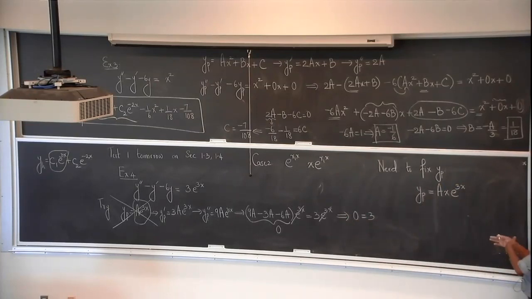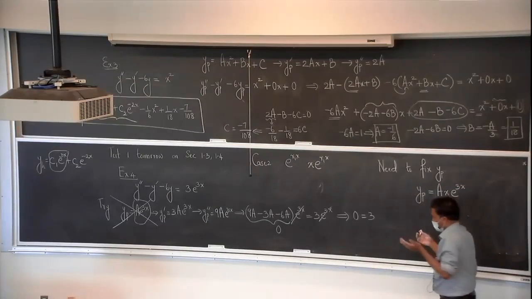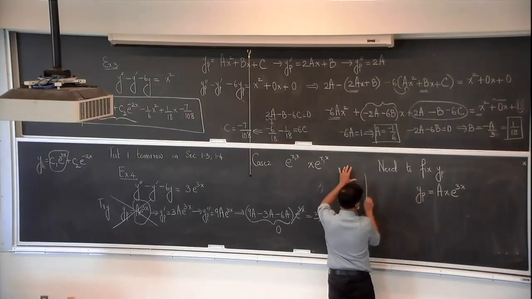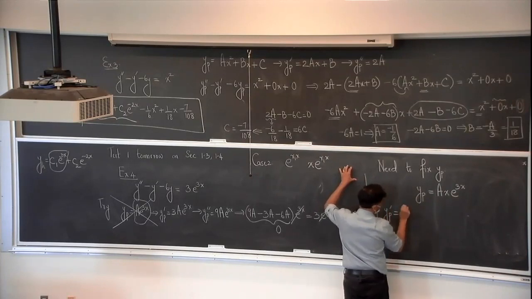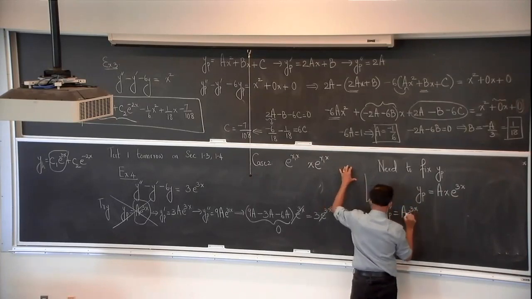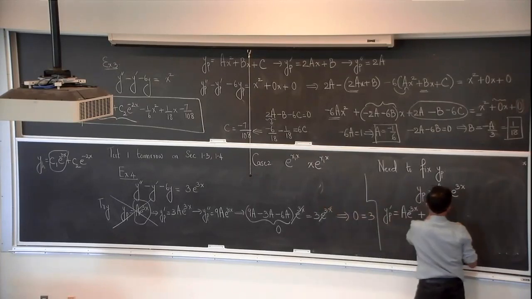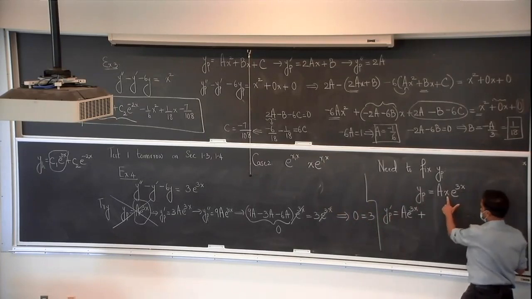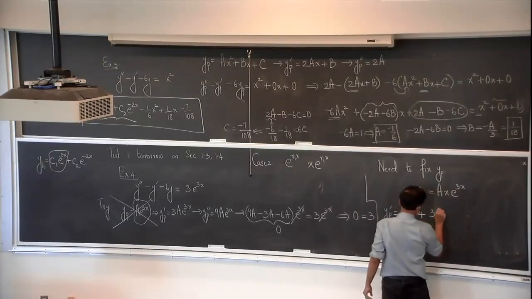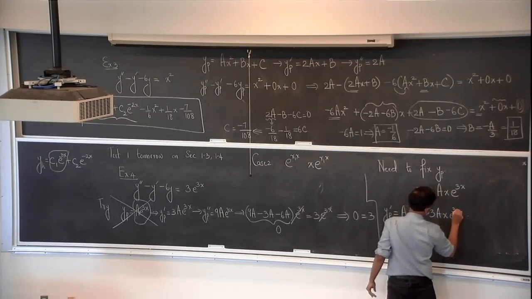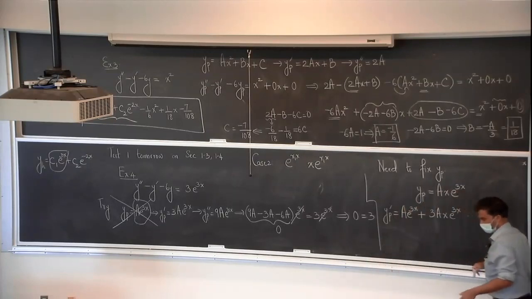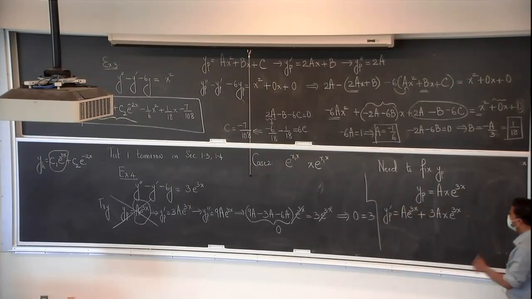Now, do the same process. Now the problem becomes a little lengthier because you have to do product rule and all that stuff, but it's going to work now. So yp prime equal to a e to the 3x, that's the derivative of x, which is 1, plus 3ax e to the 3x, that's the derivative of e to the 3x, which is 3 e to the 3x.